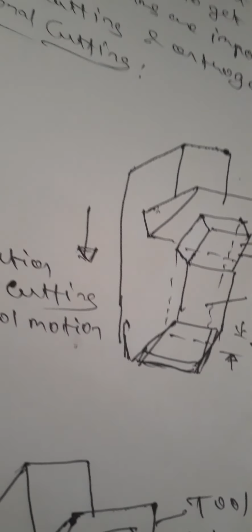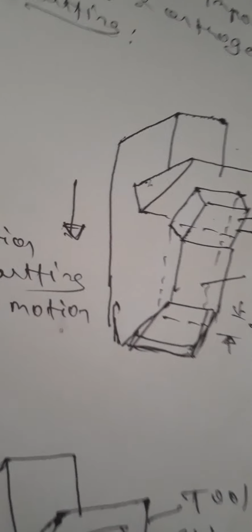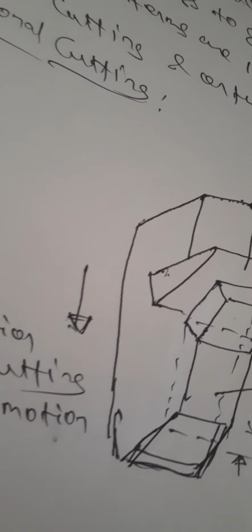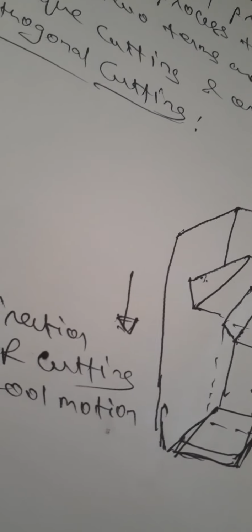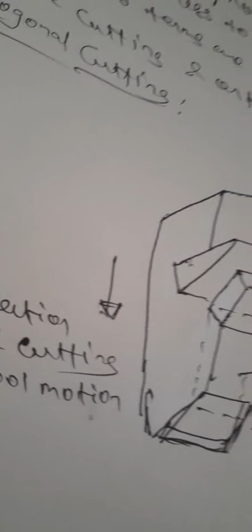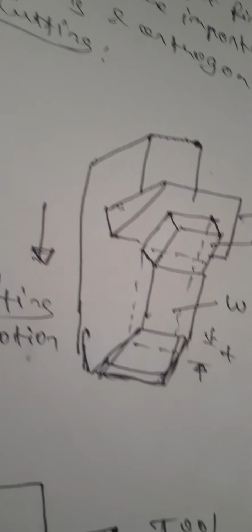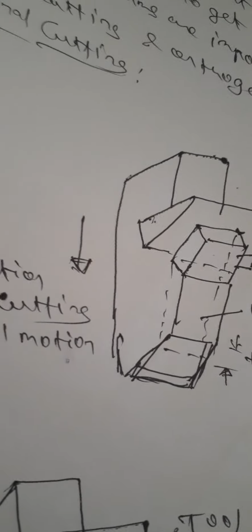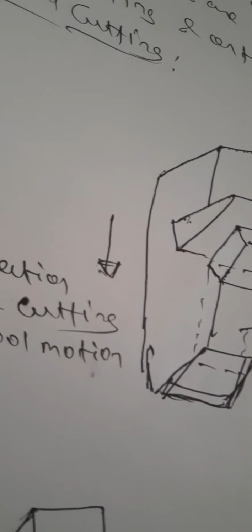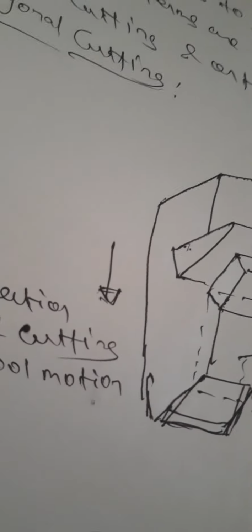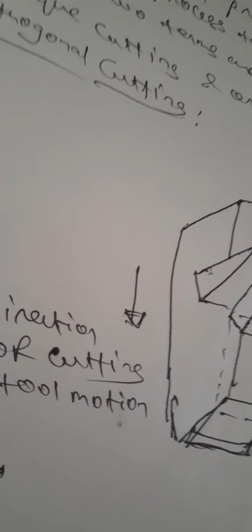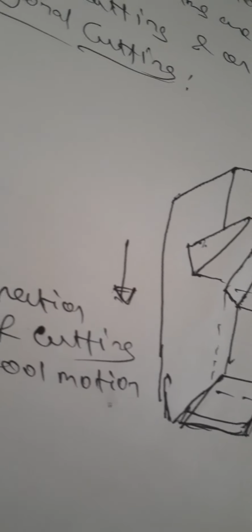In orthogonal, the tool has lesser cutting life. Chip flows over the tool and the surface finish is poor, or you can say very poor, compared to oblique cutting. In oblique cutting, the tool has higher cutting life, chip flows along the sideways, and the surface finish is very fine, or you can say good.